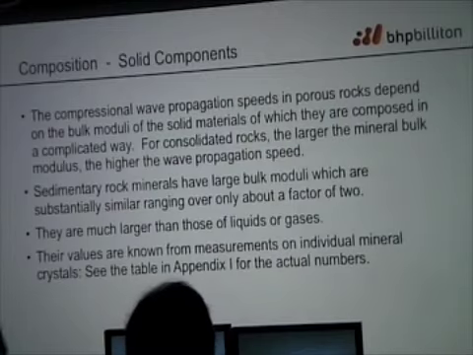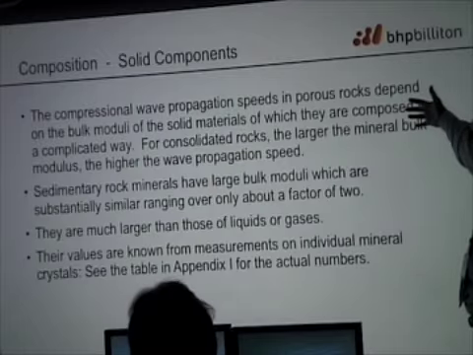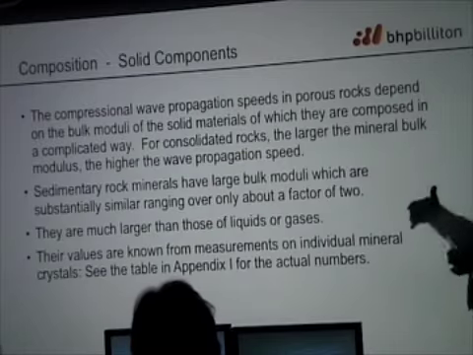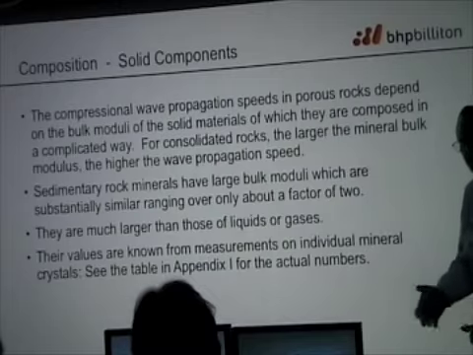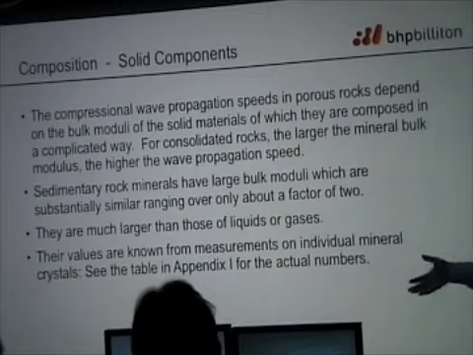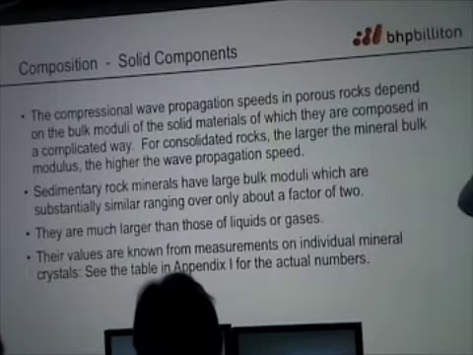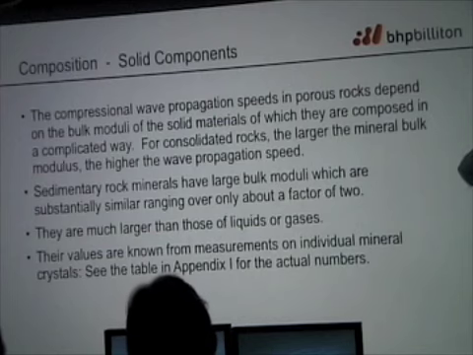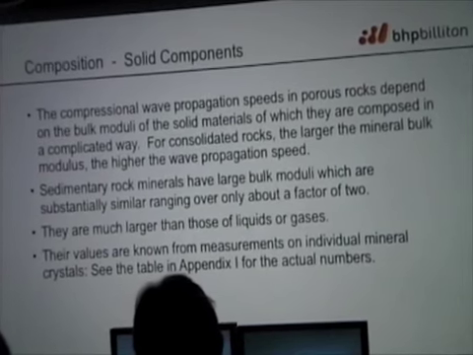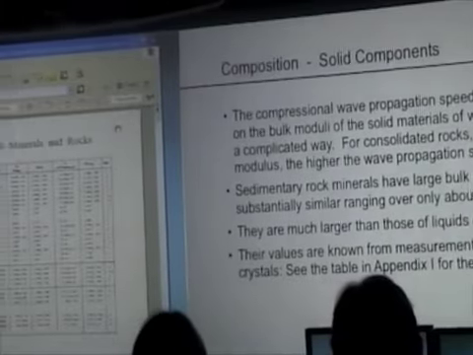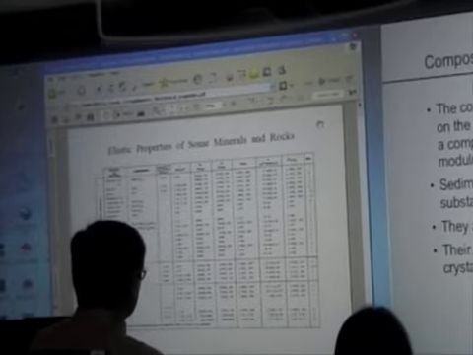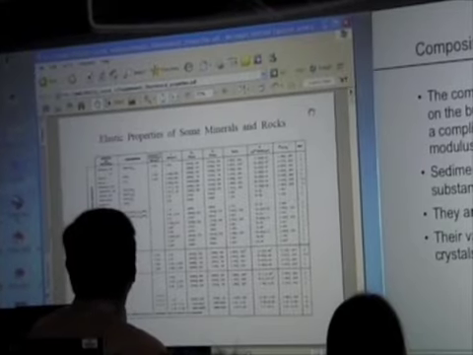And you will see that there's a variation in those materials. In common sedimentary rock minerals, let's say calcium carbonates, silicon dioxide, anhydrite, dolomite, things of that nature, there's about a factor of 2, maybe 3 at the most, in bulk moduli of the different minerals.